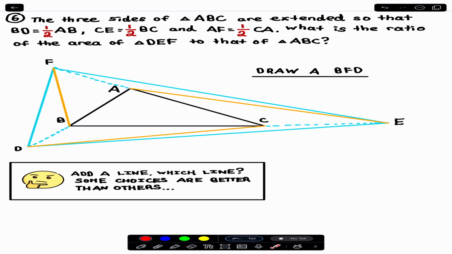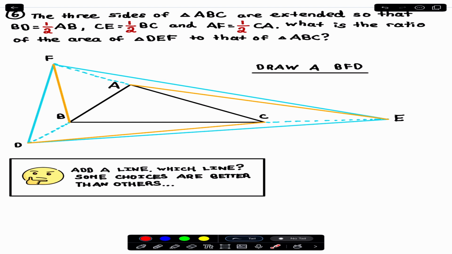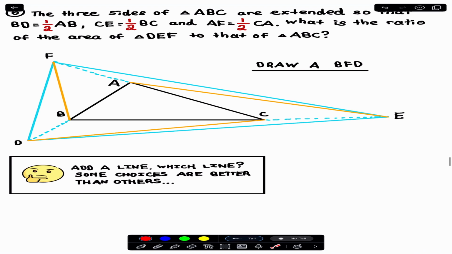And notice that by doing this, we form a few triangles, such as this one. So we have 2 triangles which share an altitude from F. So we're getting a little feel of how we're going to use our same altitude principle, right? It's very important before you dive into a problem to have a method of attack, or a basic framework of how you're going to solve this.